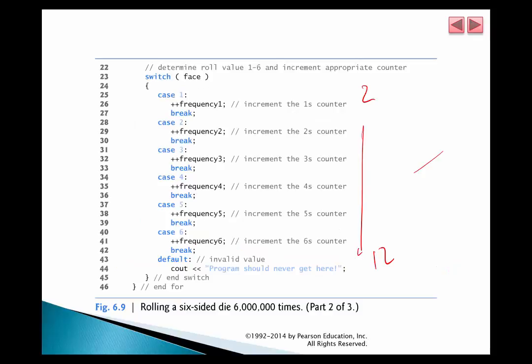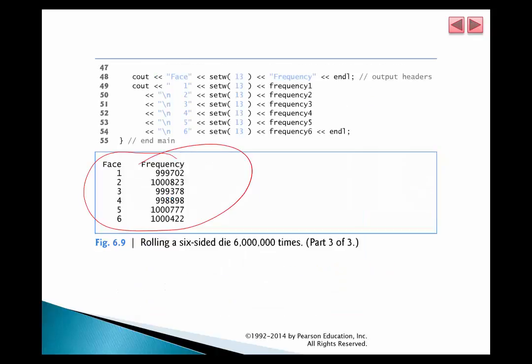So if you modify this particular program to simulate the throw of 2 dice, and see what this comes to. Again, you would modify this to 2 to 12.